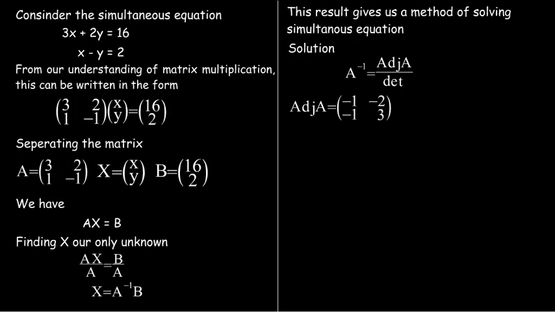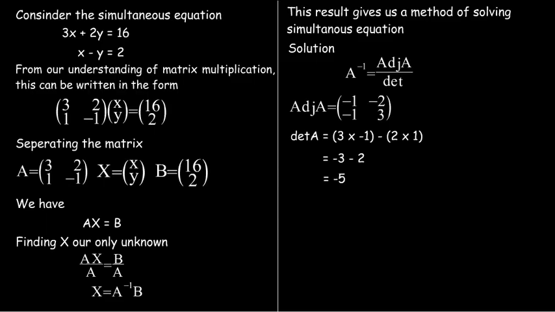So our adjoint in this case becomes [-1 -2; -1 3]. The determinant of A is 3 times -1 minus (2 times 1), which is -3 - 2, which is equal to -5.